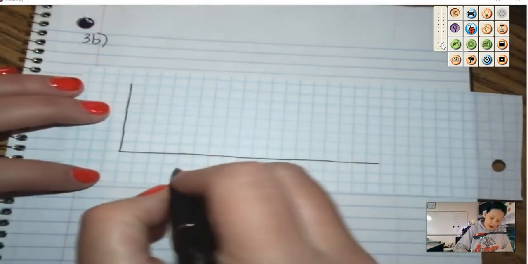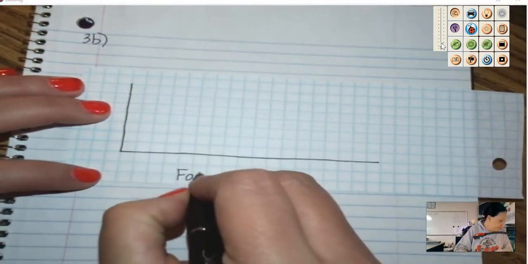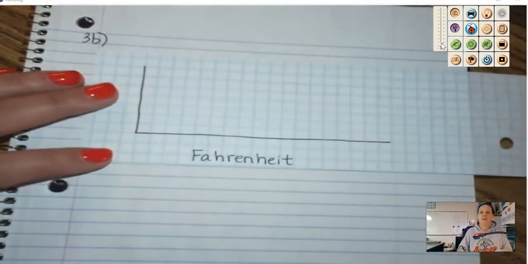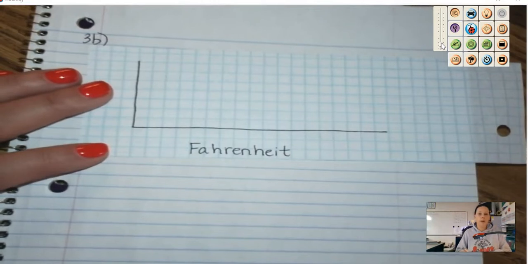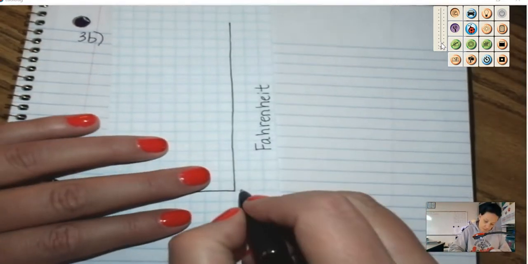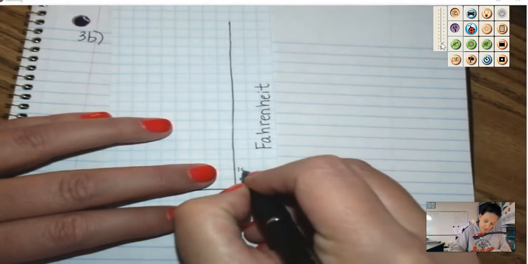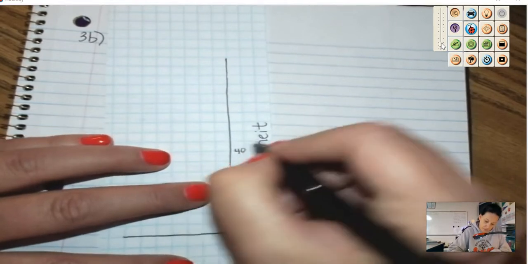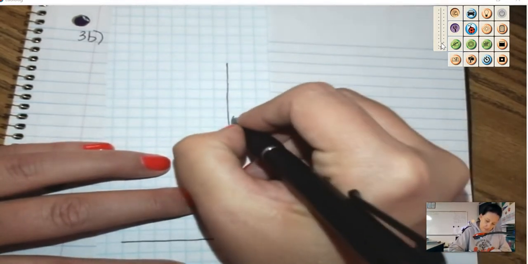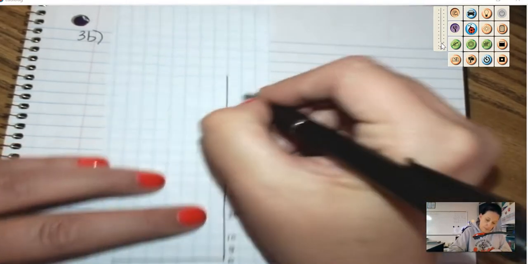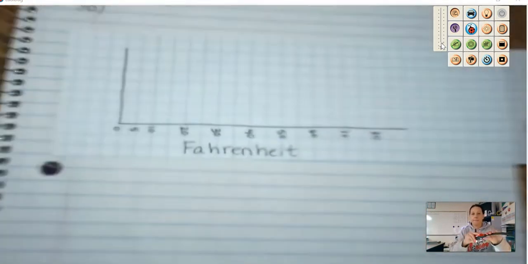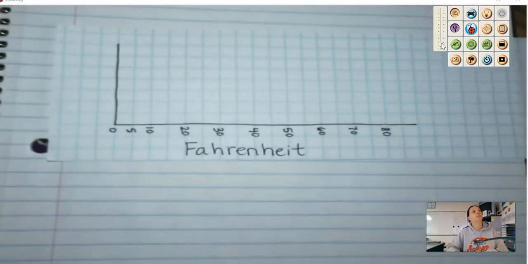Fahrenheit is going to be on the bottom, degrees Fahrenheit, and we're going to go by fives and have it go up to 80.